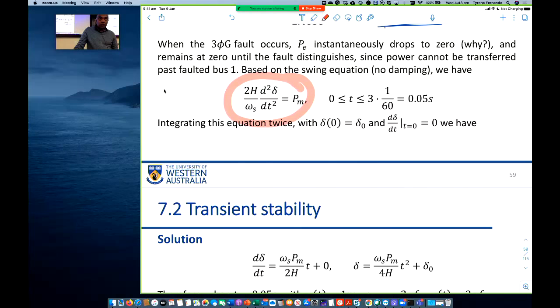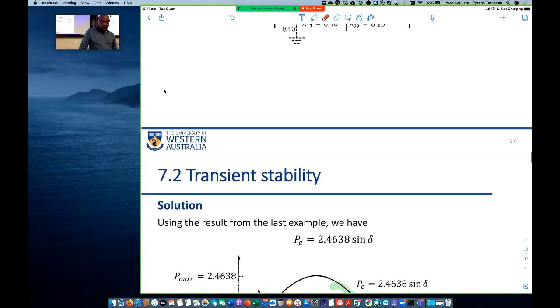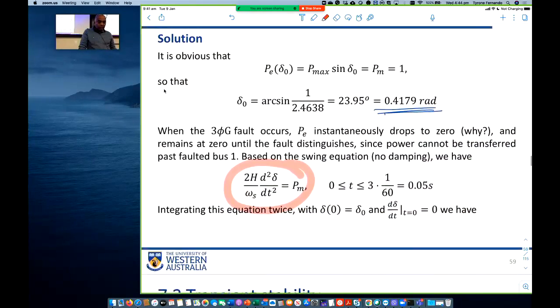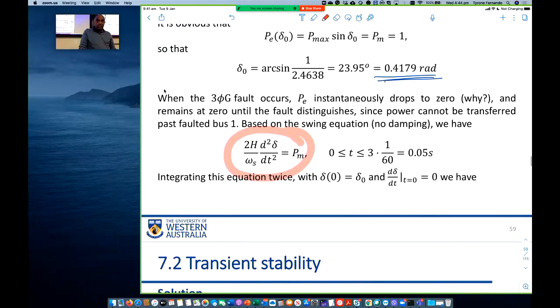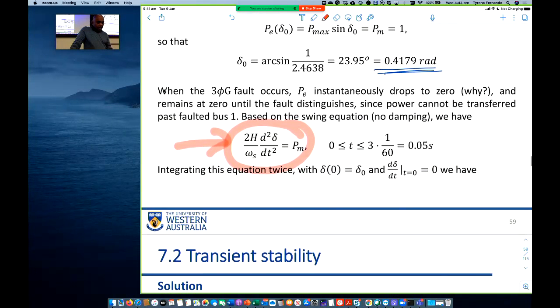PE is equal to 0. Assume no friction, no damping. And 3 cycles is 0.05 seconds, 3 times 1 on 60.